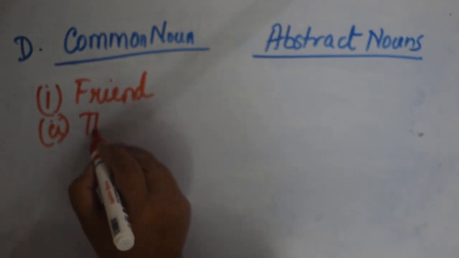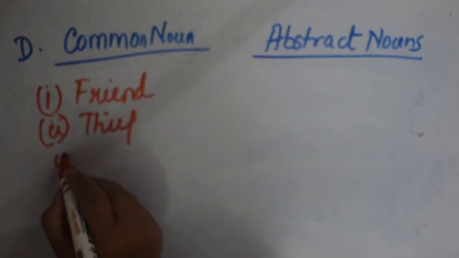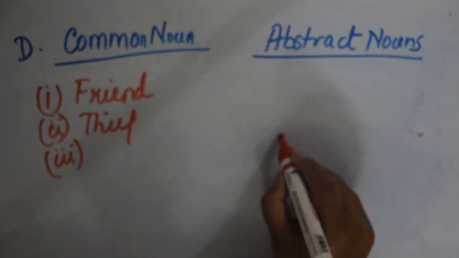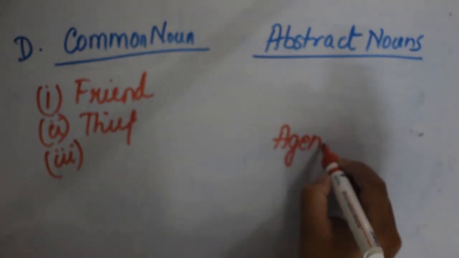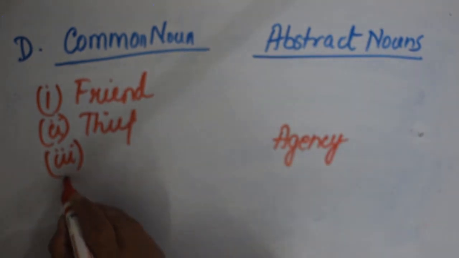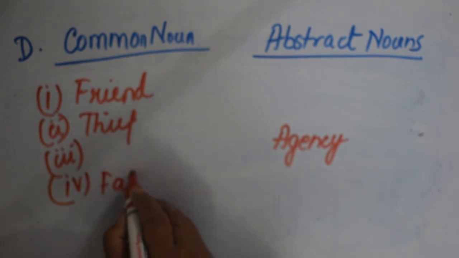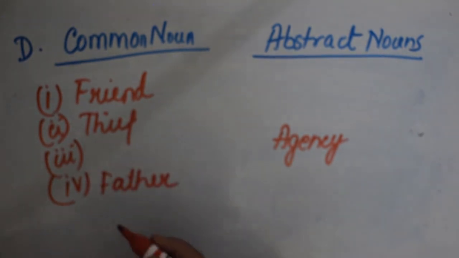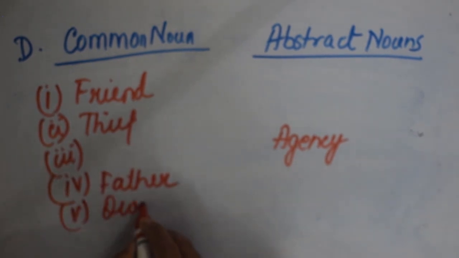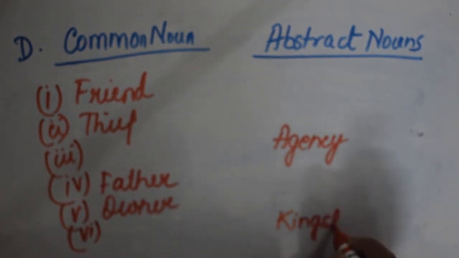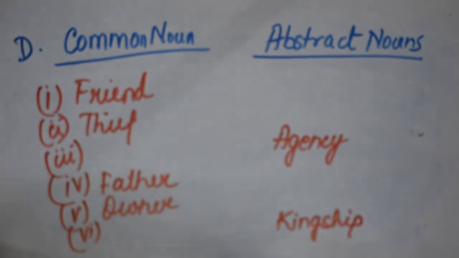The second was thief. Third was, the abstract noun form was agency. Fourth was father. Fifth was owner, and the last was the abstract noun form kingship.